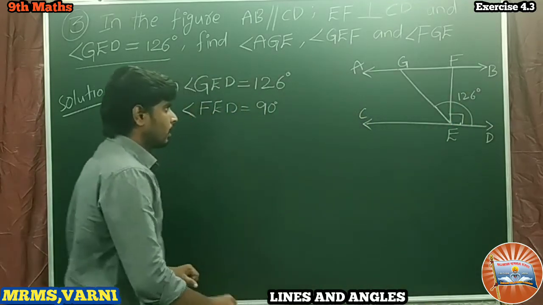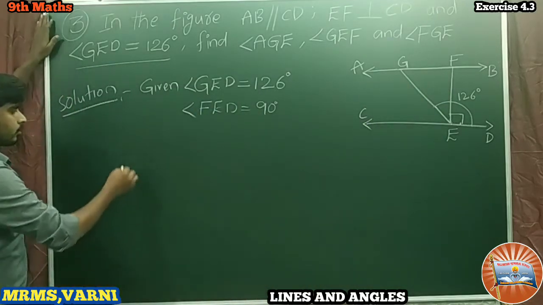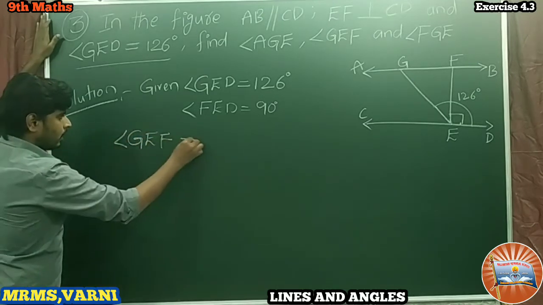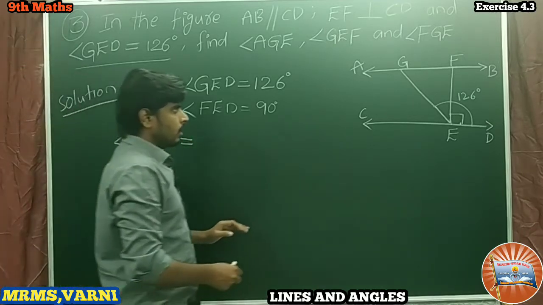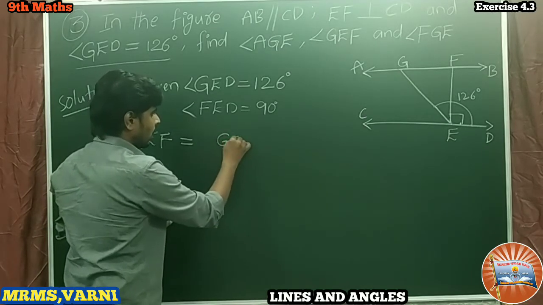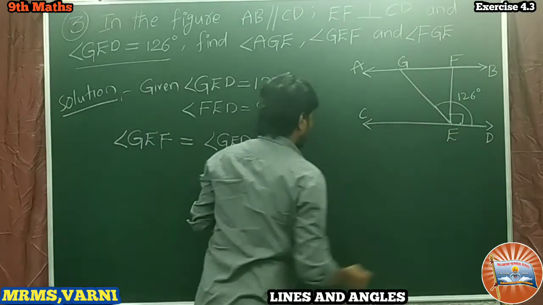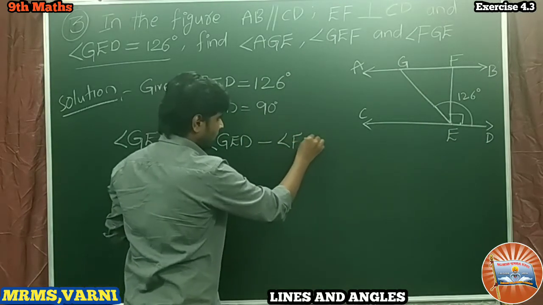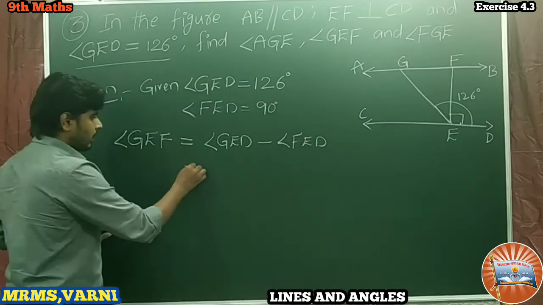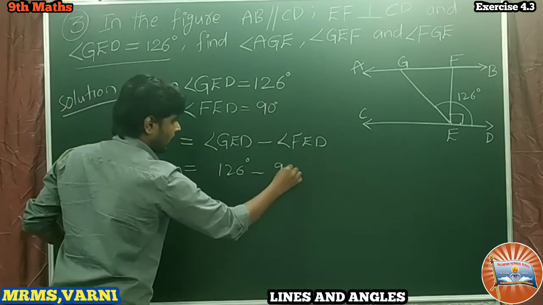Suppose if I want this GEF, angle GEF is equal to angle GED minus angle FED. We get the GEF angle here. Given it is 126 degrees, and this is 90 degrees.